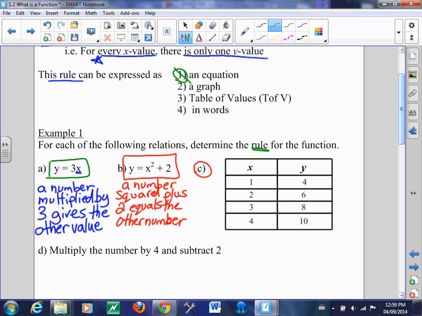Taking a look at C, ladies and gentlemen, we've got a table of values. You could take a look at the pattern and say, what's happening each time? So for every increase by 1, there is an output value that adds 2 each time. Well, how do we figure that out? Remember what we used to do to a table of values to see if it was linear or not? These are called first differences.